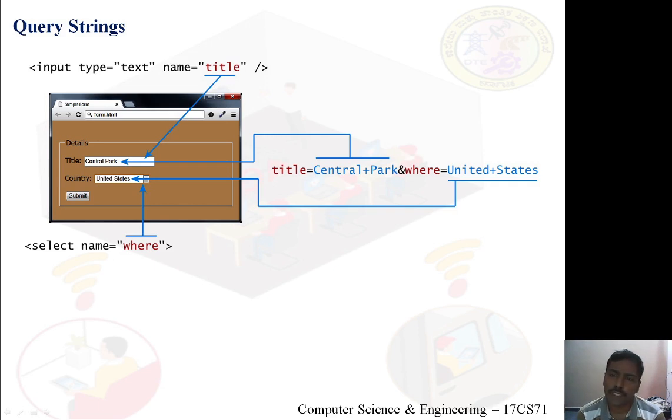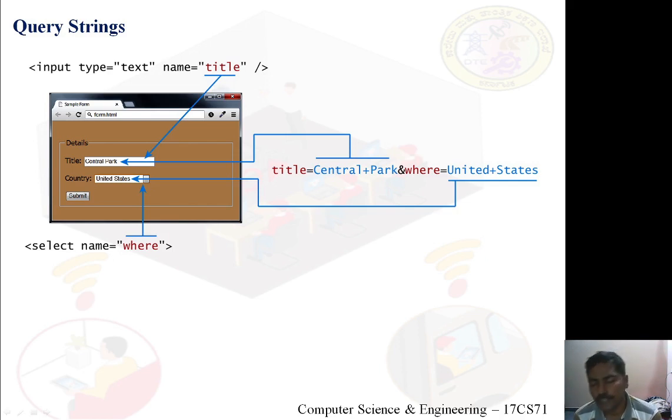The query string is title equals Central plus Park, where the plus replaces the white space. The ampersand here differentiates the fields; it acts as a delimiter between the fields.